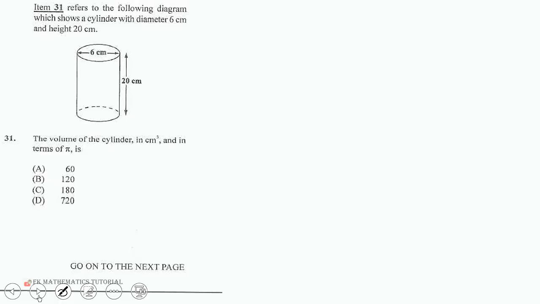Item 31 refers to the following diagram, which shows a cylinder with diameter 6 centimeters and height 20 centimeters. The volume of the cylinder in centimeters cubed and in terms of pi is, so volume of a cylinder is given by pi r squared h.